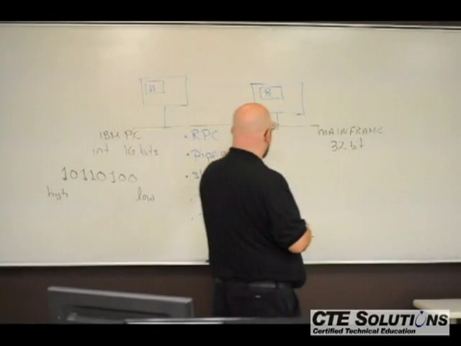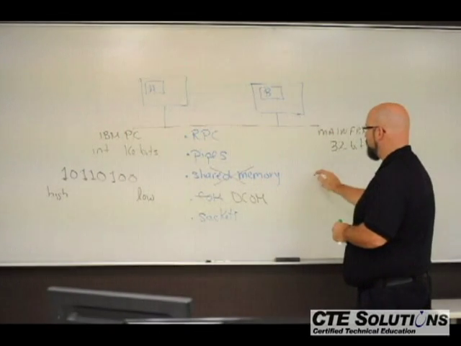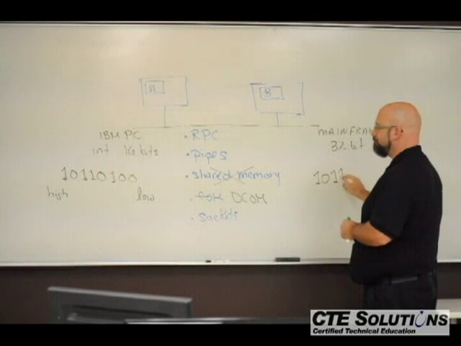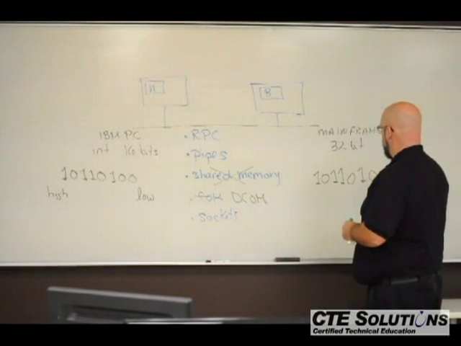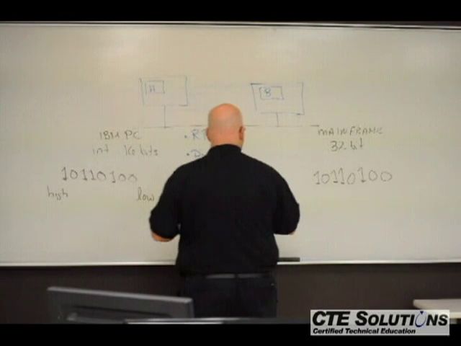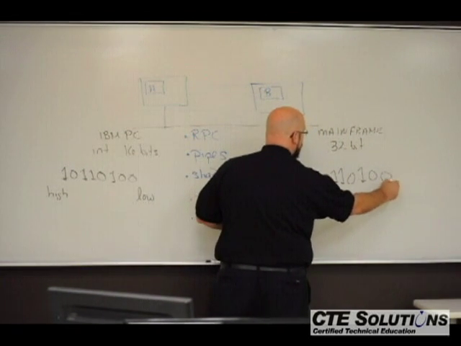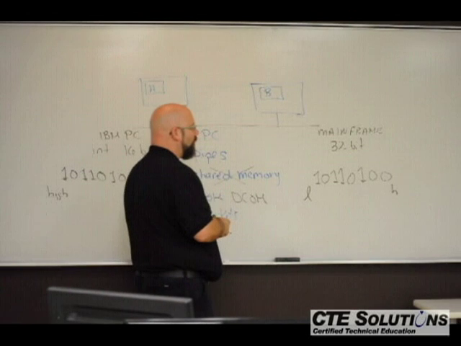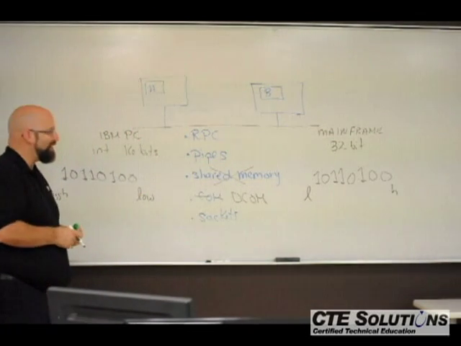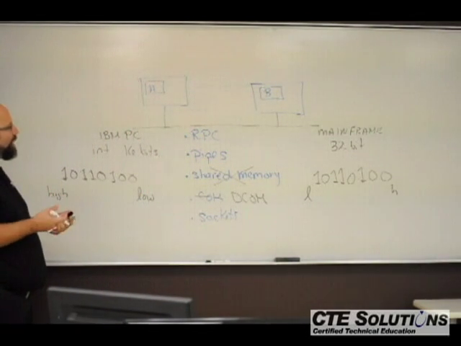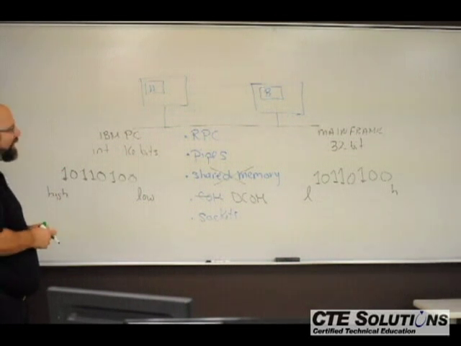So the data is being sent to the other machine, the same bit order here, like so. However, the other machine has the order reversed with the high on the right and the low on the left, so the data is not even read the same way. So we had to find a way to standardize data exchange.